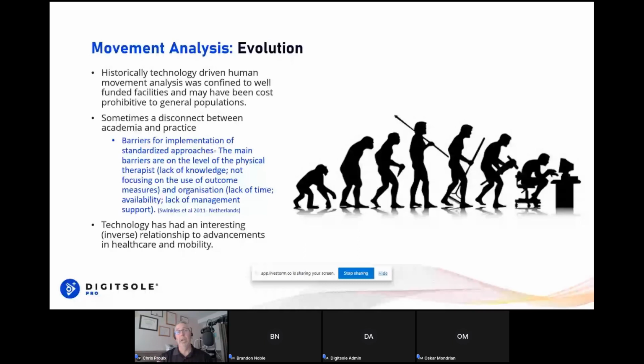So you had to have a lot of background and technique in analyzing that data and being able to convert it into something more usable from that clinical perspective. So there have been many barriers identified in that disconnect between academia and what we tend to do in the clinic.